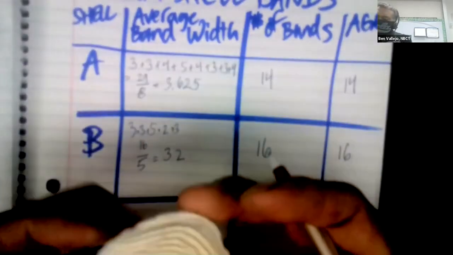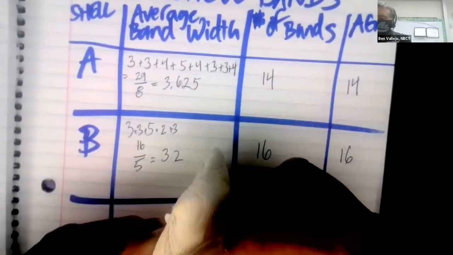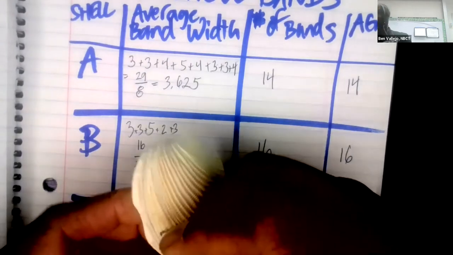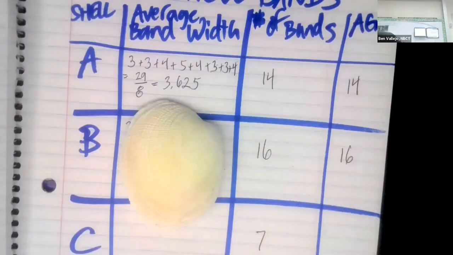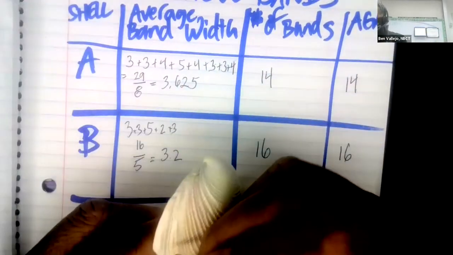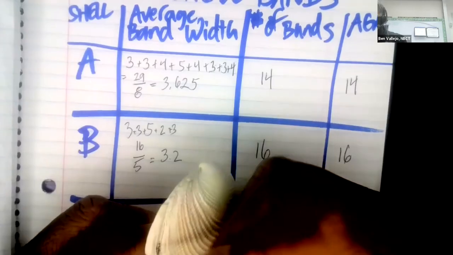But we can use those cracks on the side to help us figure out which ones are bands and which ones are not. So let me see if I can, let me get a pencil. And mark that a little better. That the pen mark doesn't pick up. So there's one.